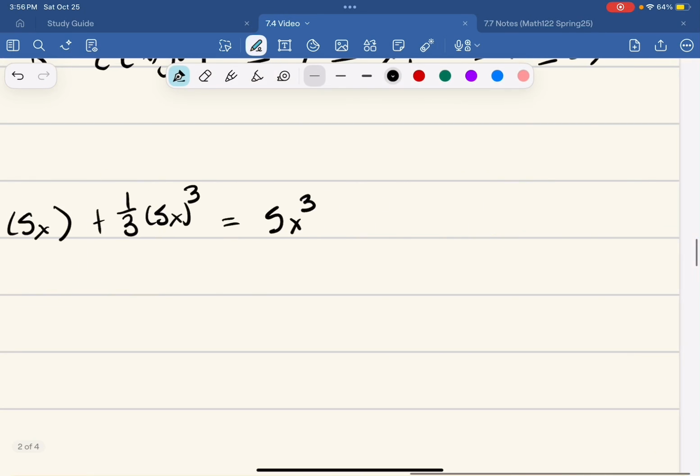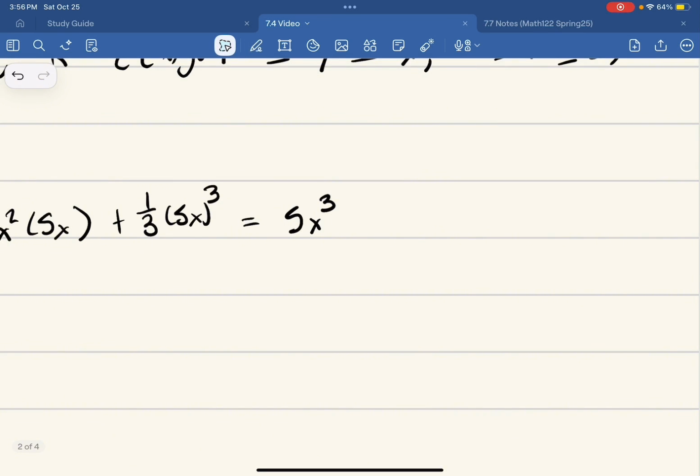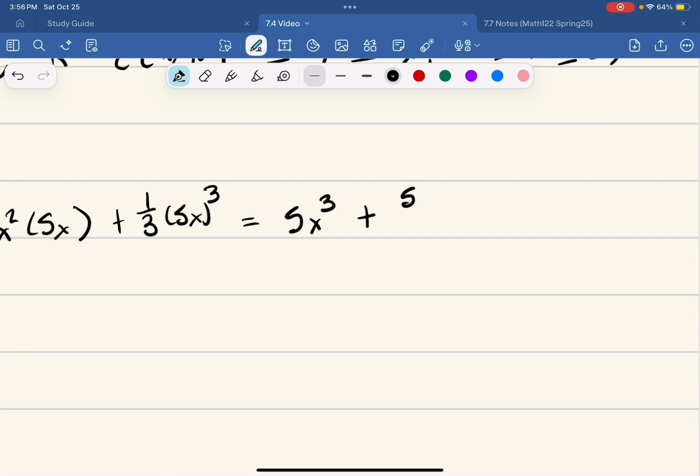And then this turns into plus 5. I'm going to take the x out. Wait, actually, no, this is not one. Oh my god. So 5 cubed, if I'm correct, is 125. Let me double check that.